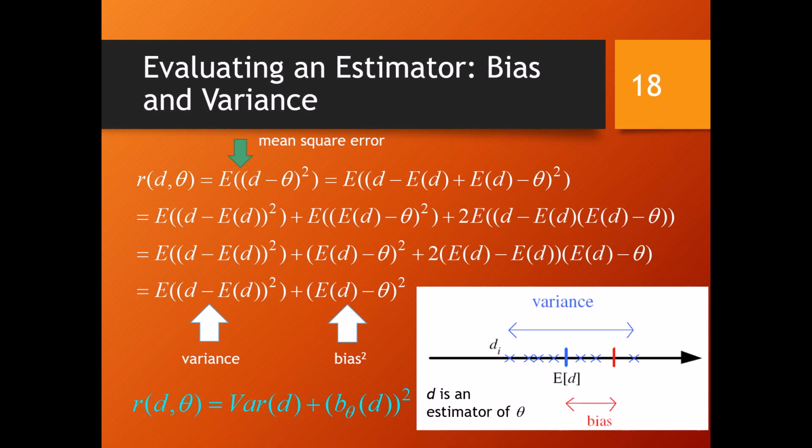The difference between the mean of your estimation and the real parameter is called bias. And the variance is the range of variation. So the mean square error is actually the variance plus the square of this bias. For any estimator, it's always like this. This is a statistical property.